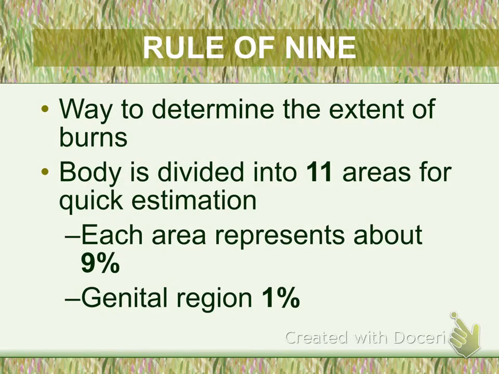Each area is given 9%, and the body is divided into 11 areas. 9 times 11 equals 99%, and then the genital region is considered 1%, which equals 100%.